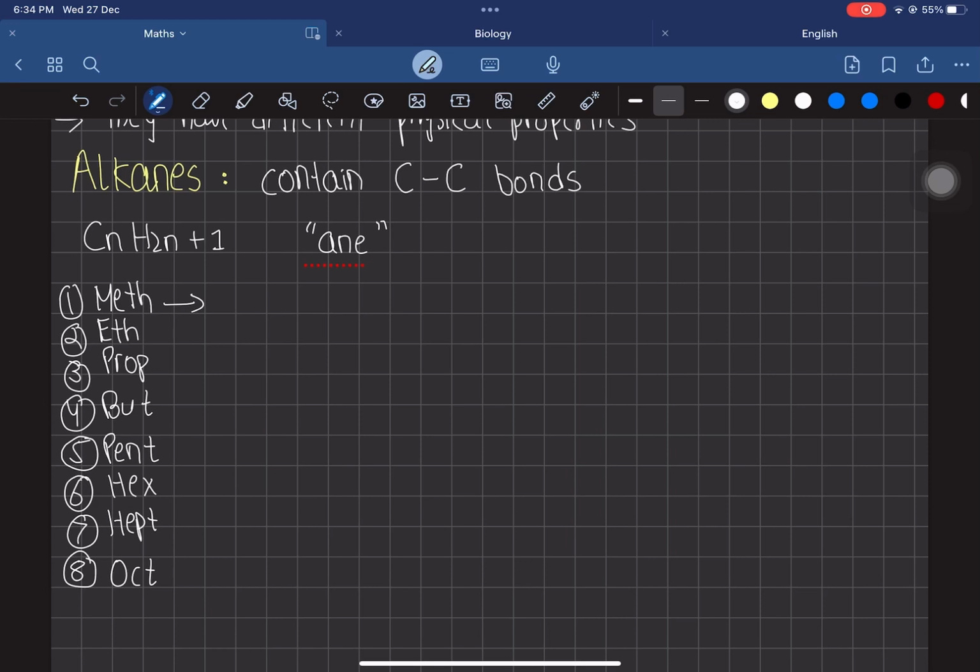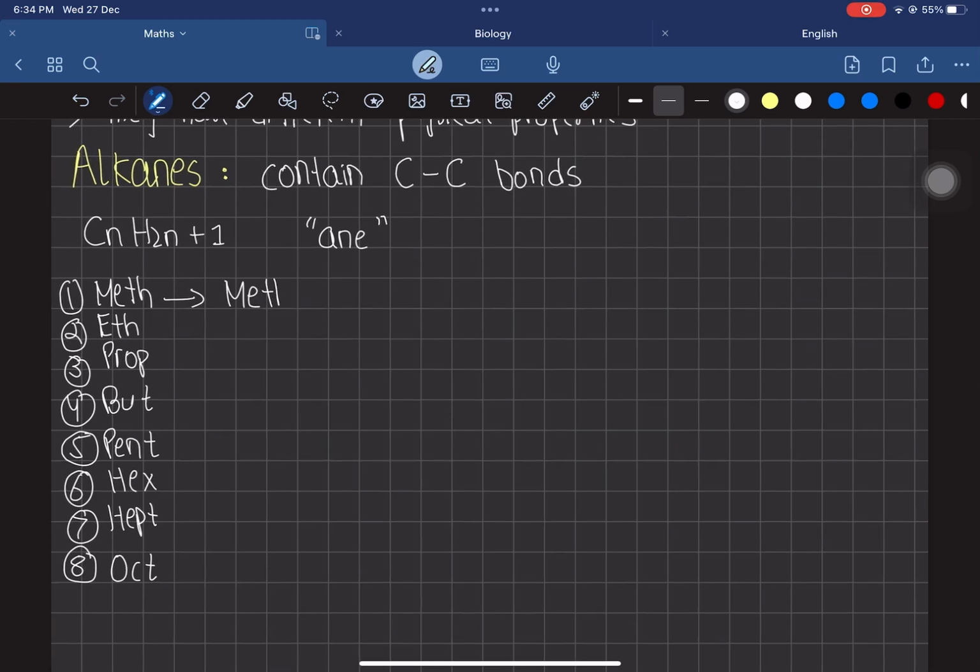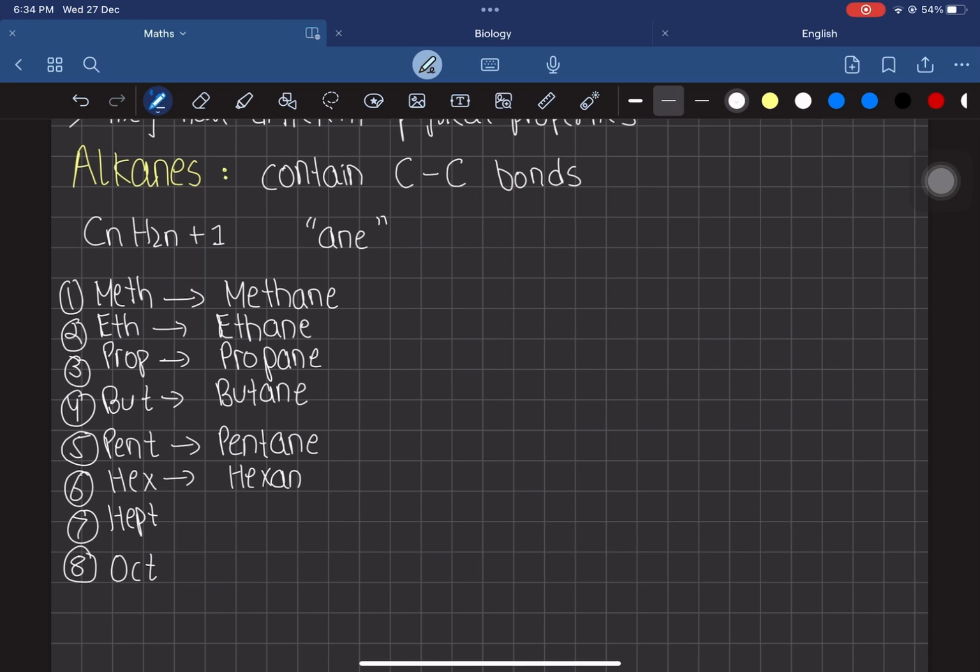For example, meth will become methane, eth will become ethane, prop is going to be propane, but is going to be butane, pent is going to be pentane, hex is going to be hexane, hept is going to be heptane, and oct is going to be octane.